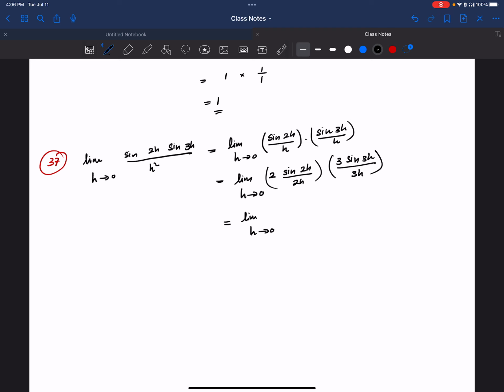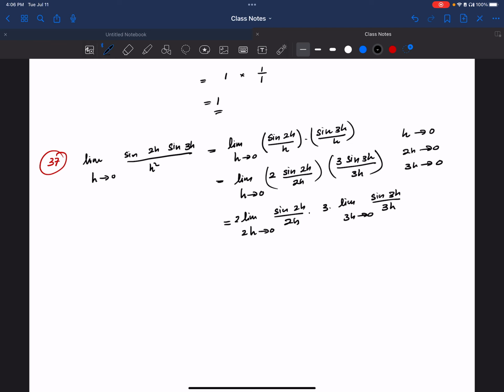And when h goes to 0, 2h goes to 0 and 3h goes to 0 as well, right? So I have 2 times the limit as 2h goes to 0 of sine 2h over 2h, times 3 times the limit as 3h goes to 0 of sine 3h divided by 3h.